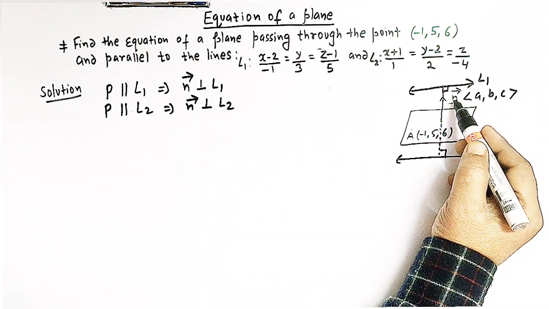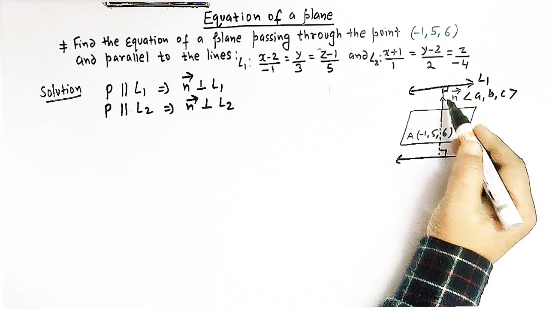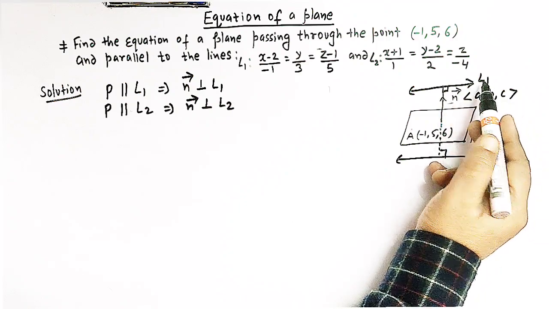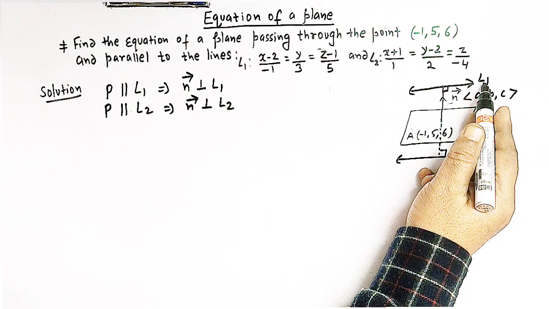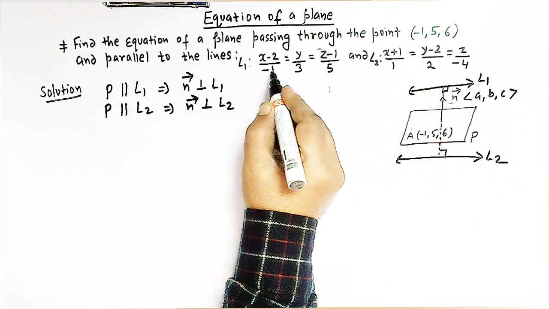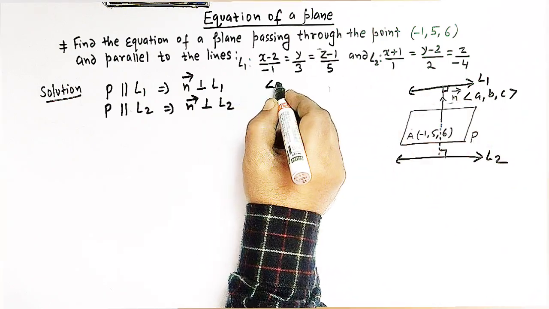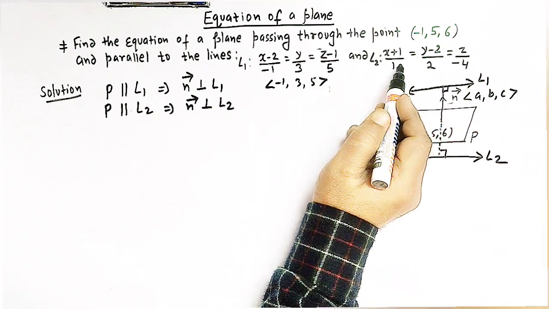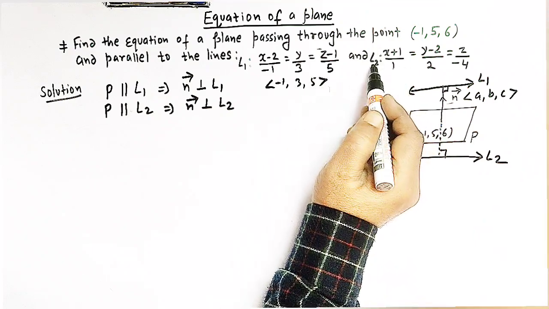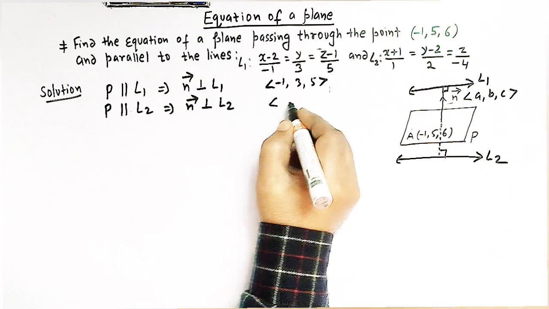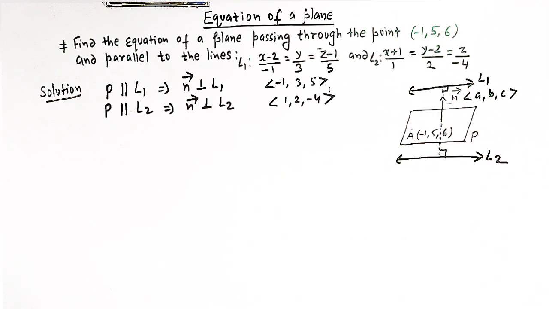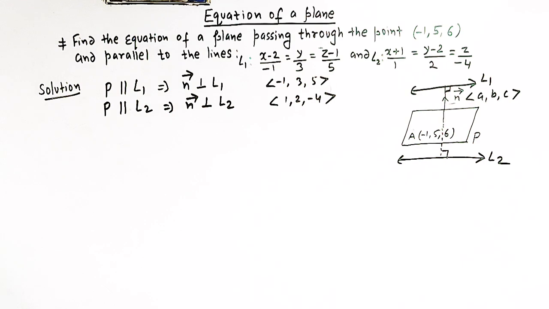Here we are considering the direction ratios of the normal vector as A, B, C, and the direction ratios of the line L1 are given by -1, 3 and 5, and the direction ratios of the line L2 are given by 1, 2, -4.